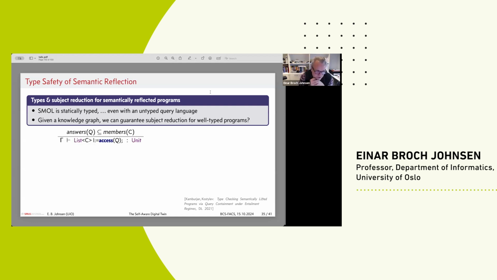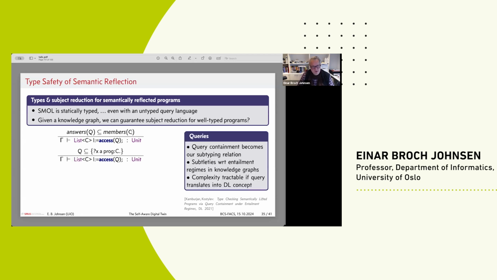And this really amounts to this kind of question. We want to access a knowledge graph via a query, and we want to assign the result of this query to a list of class C. Can we now guarantee that every result we get from this query will be an instance of C? This amounts to asking whether all the answers to this query are members of the class C in the representation of the knowledge graph.